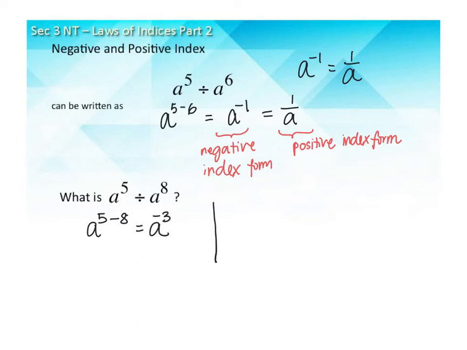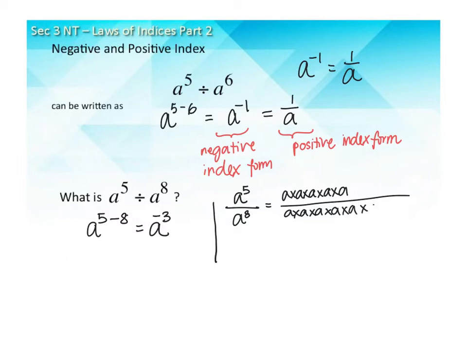On the other hand, if I were to write this as a fraction, a to the power of 5 over a to the power of 8, it will be a times a 5 times over 8 of them: one, two, three, four, five, six, seven, eight. And we will be able to cancel. We will have 1 over a to the power of 3.